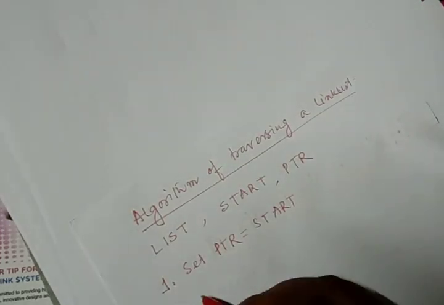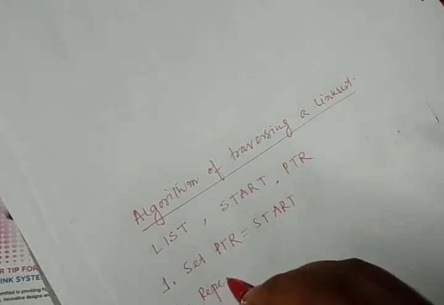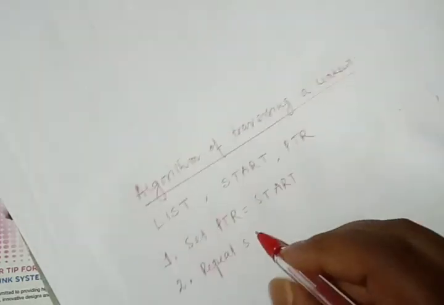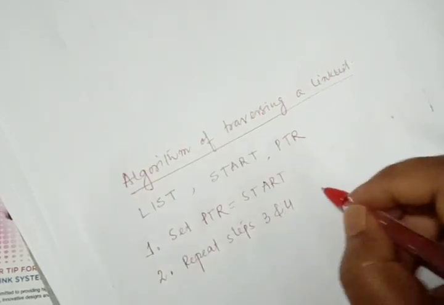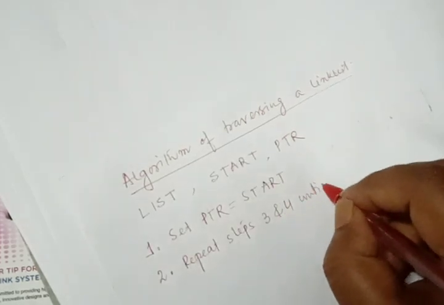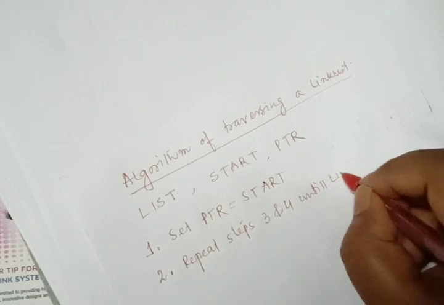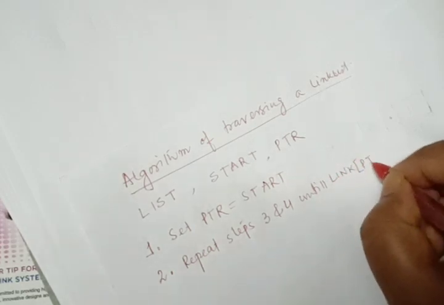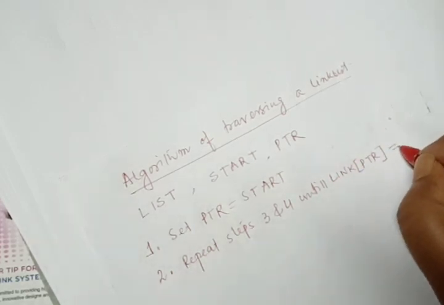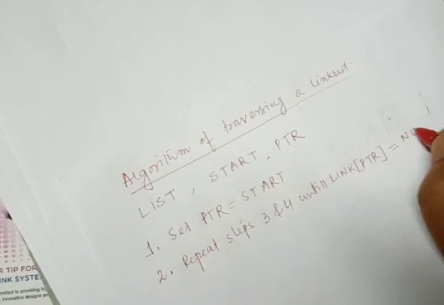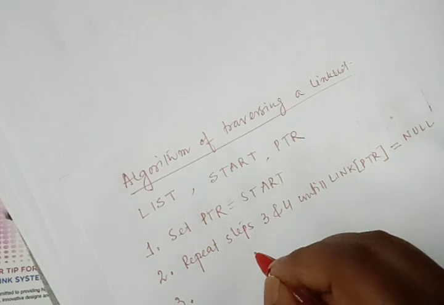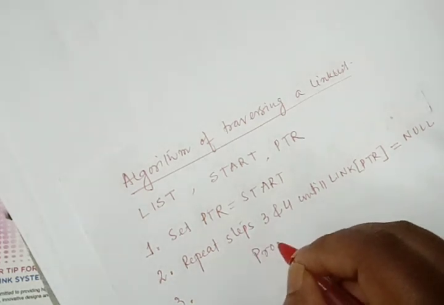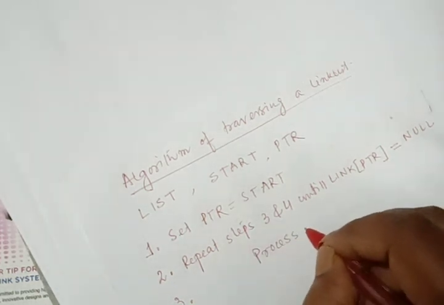Step 2, repeat steps 3 and 4 until link of ptr equal to null. Steps 3 and 4 will come under step 2.